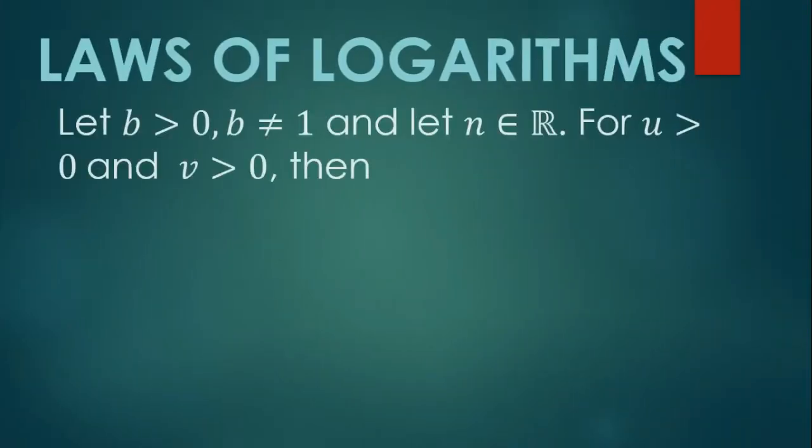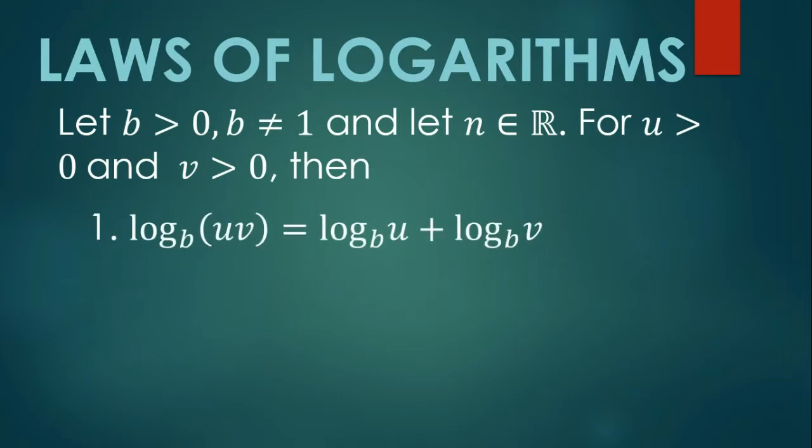Here are the laws of logarithms. Let b greater than 0 and b is not equal to 1, and let n be any real number. So for u and v which are greater than 0, then we have the first law, the log base b of u times v is equal to log base b of u plus log base b of v.